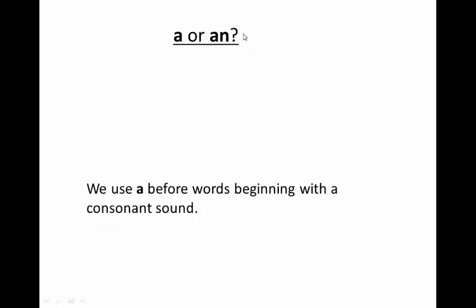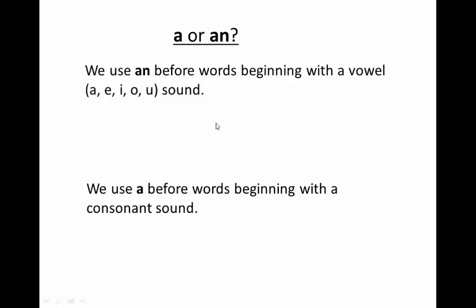We've said an, you probably already know. We use a before words beginning with a consonant sound, and we use an before words beginning with a vowel sound. Vowel sounds are a, e, i, o, u. Consonant is every other letter. So an apple, an idea, an uncle, an egg.